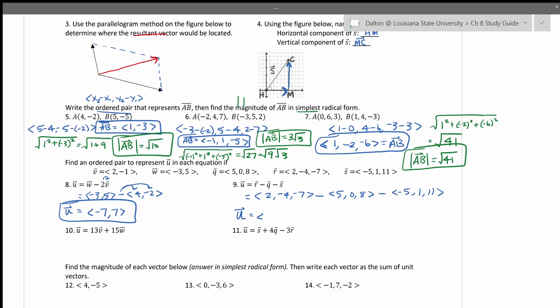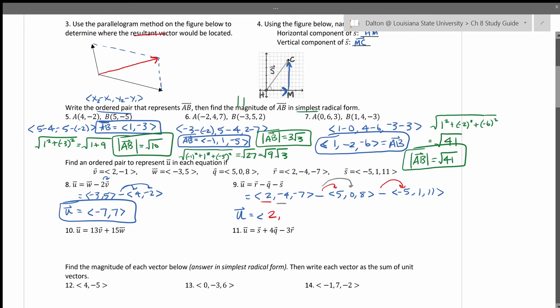So if I do all of the x's, that's going to be 2 minus, remember you have to distribute this negative here, 2 minus 5 minus -5. Okay, so 2 minus 5, and the minus -5 changes to a +5. Those two guys end up canceling, and you end up with 2. Do the y terms, that'll be -4 minus 0, so pretty much that goes away.